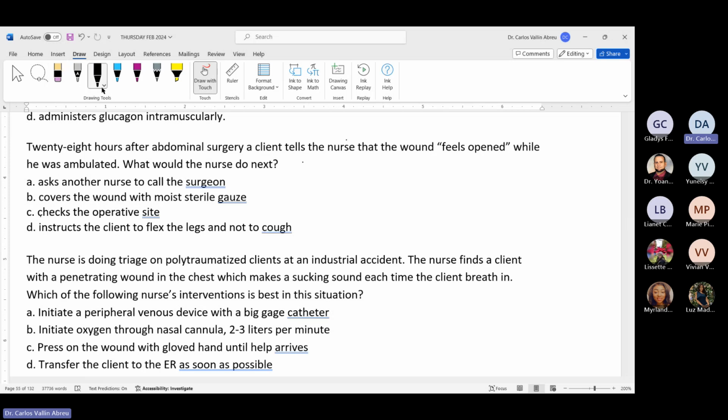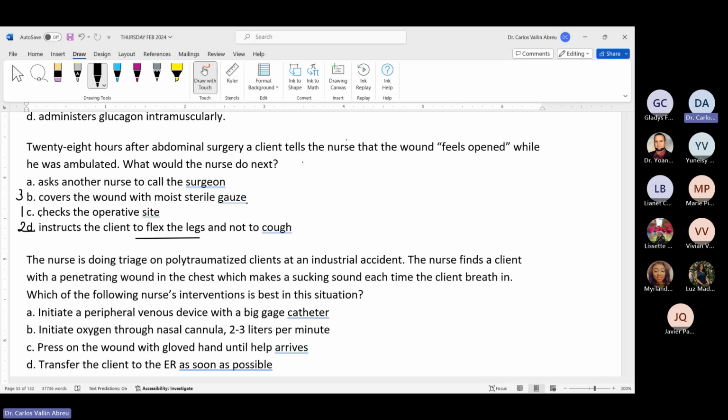If we can make a hierarchy of priorities, from the point of view of chronology, time, what goes first, what goes second, etc. In this case, the first should be verify that it is the dehiscence, then make the patient lay down, relax with the legs flexed, then cover the opening with the sterile moist gauze, and then communicate with the doctor to decide what he's going to do.